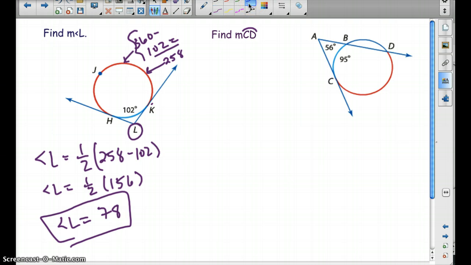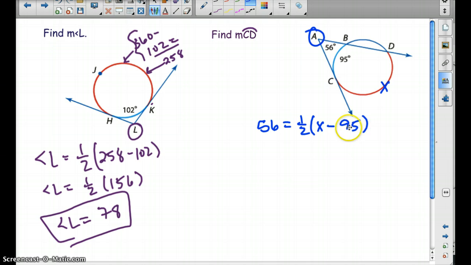The next problem, we can set it up. Now this is a secant and a tangent. Still same setup though, 1/2 the difference because this A is on the outside of the circle. So we have 56 equals 1/2 of this arc we don't know, I'll label x, minus 95.